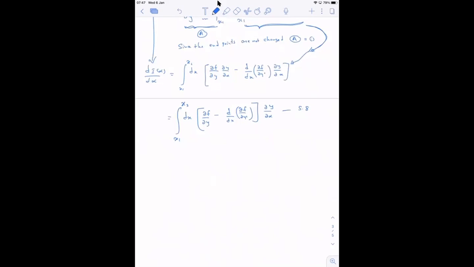Now you should see that you have something that looks very much like what you had for the Lagrange equations here, right? And right here you have ∂y/∂α. Now from the equations that you have, can anyone of you tell me what is the value that you would get for ∂y/∂α?